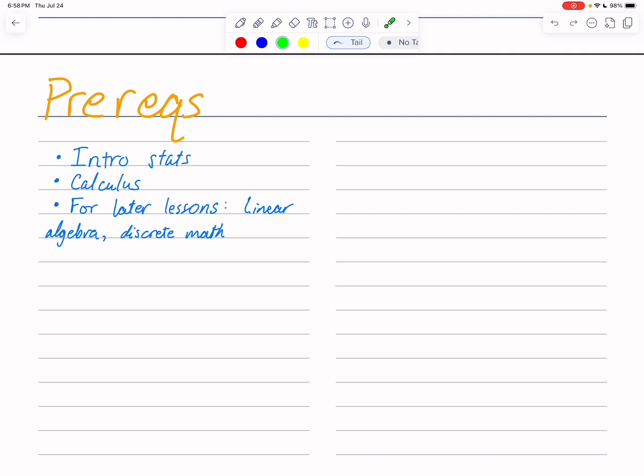So anyway, at least as far as I know, these are the core prerequisites, possibly this. So if you get into the course and find that you're not understanding things, it might be good to first do discrete math. But then later on, especially when we get to multivariable topics, then linear algebra will become necessary.